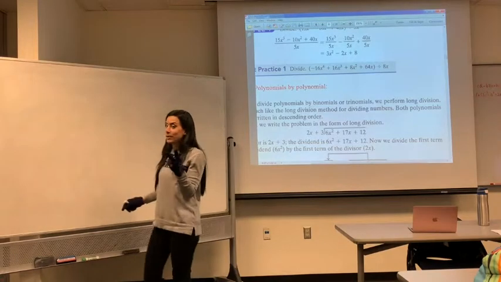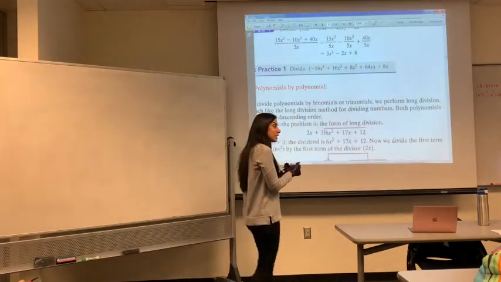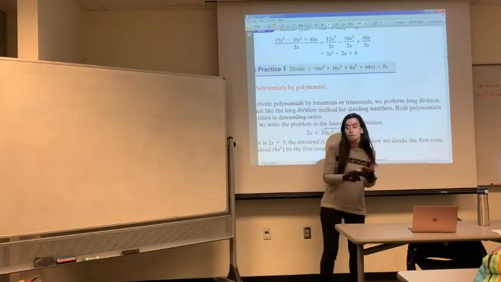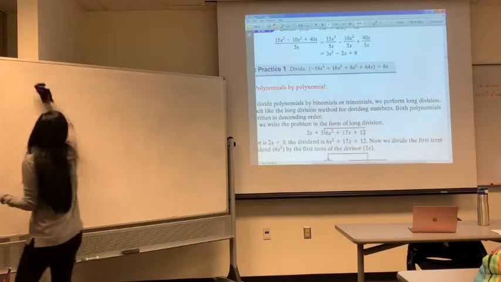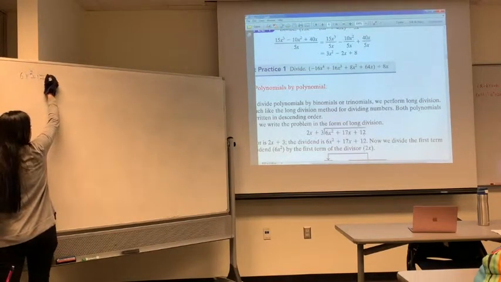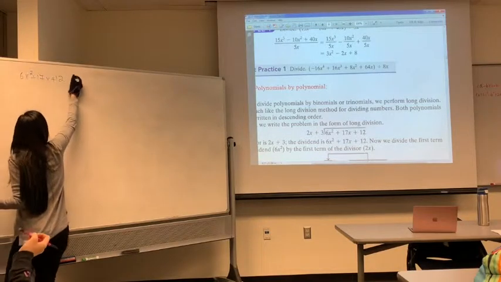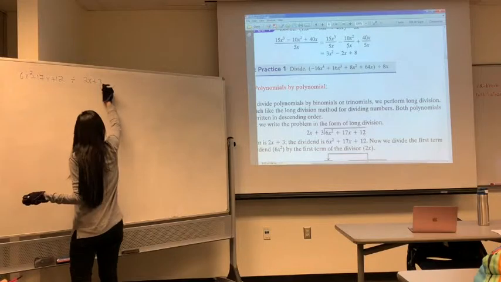There are two different methods. One is long division, another is the synthetic method. So we are going to start with long division. If we have a trinomial like 6x squared plus 17x plus 12, we want to divide this by a binomial 2x plus 3.